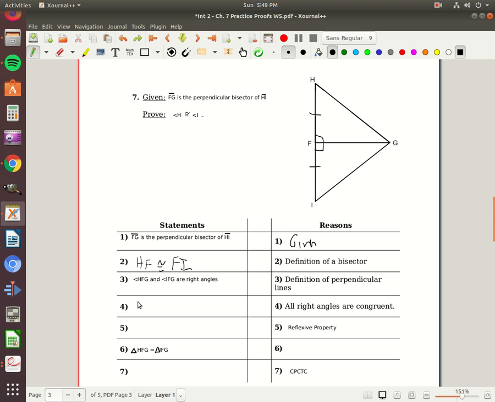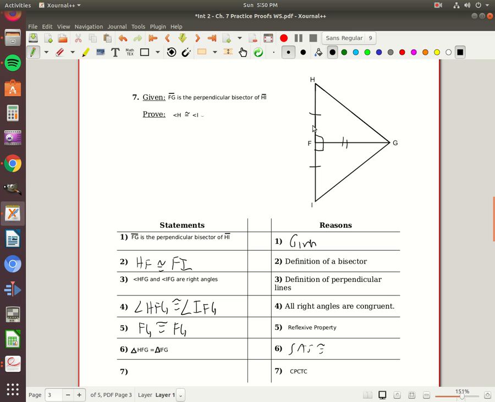So now I can say angle HFG is congruent to angle IFG, and that is all right angles are congruent. And this is pretty similar to the one we just did. So we'll say FG is congruent to FG because of the reflexive property. And again, now we have side angle side congruence.